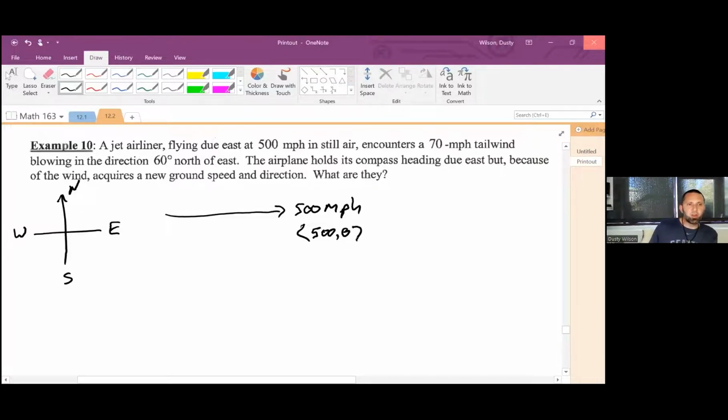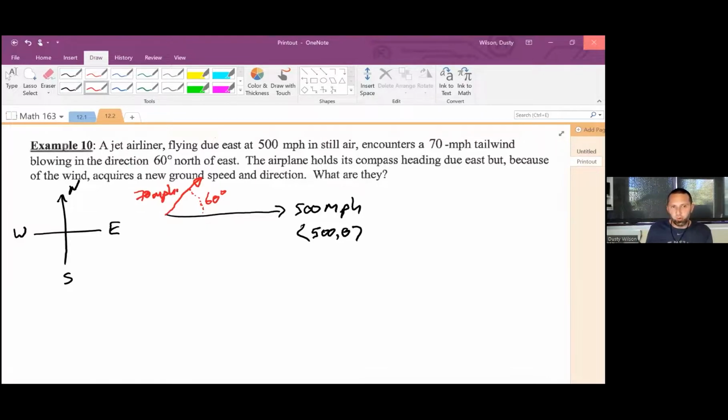And then we know that the wind is coming 60 degrees north of east. And so we want to go from that east vector, we want to come up 60 degrees. And we know it's a shorter vector and it's at 70 miles per hour. And so we want to know what happens when we combine the red wind vector and the black jet vector.